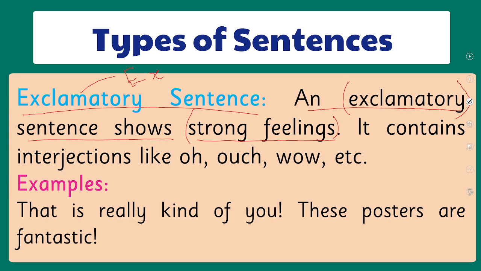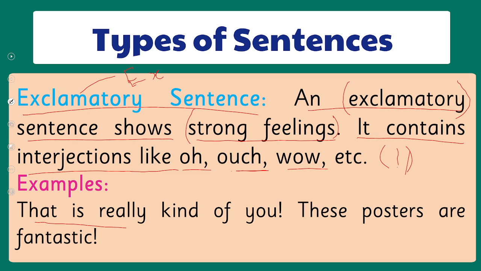You use exclamatory sentences. It contains interjections like oh, ouch, wow, hurrah, etc. These interjections are carried by these sentences, and also these sentences end with the exclamation mark. So this is an exclamation mark.